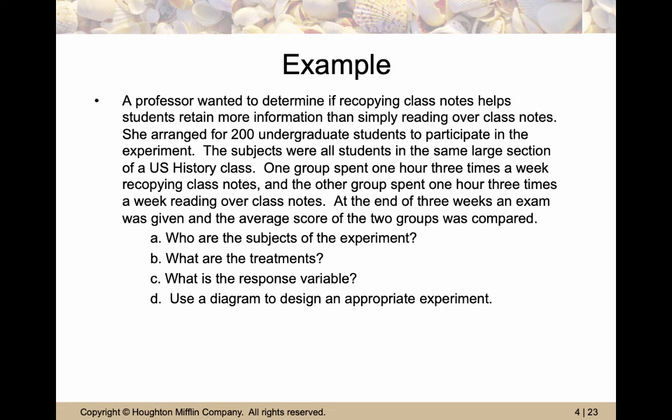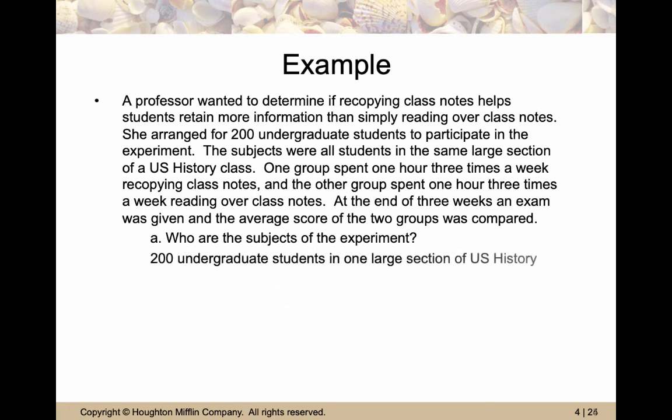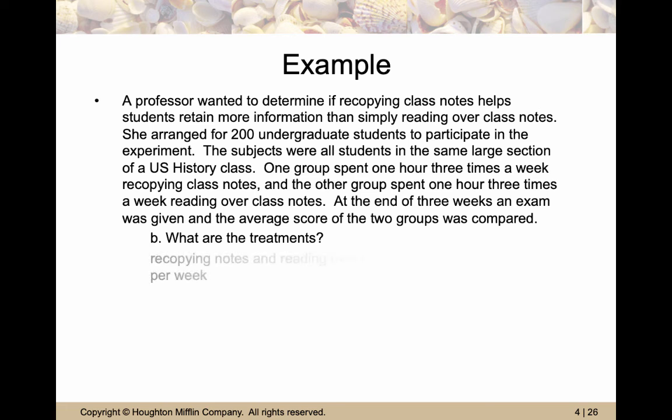And so we're going to analyze this experiment. Who are the subjects? 200 undergraduate students in one large section of U.S. history. It's a clear description of who the subjects are and how many. What are the treatments? Recopying notes and reading over notes for 1 hour 3 times per week.